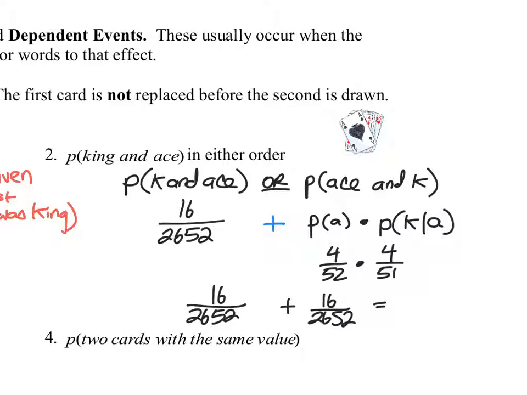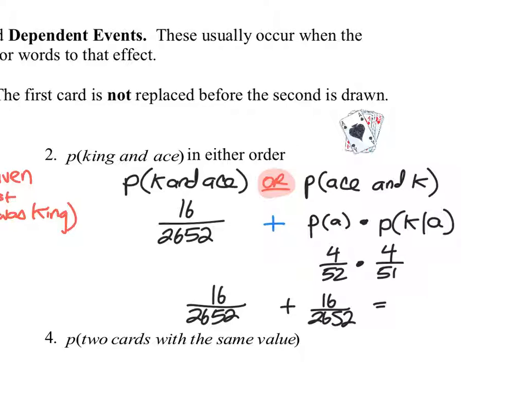All right. Now, it's pretty important to realize that or represents kind of a reset button on the whole process, because these two events aren't happening simultaneously. It's one or the other. So you're either getting a king and the ace when you draw 2 cards from a deck, or you put all the cards back in the deck, shuffle them up, and you're getting an ace and then a king when you select 2 cards from the deck.